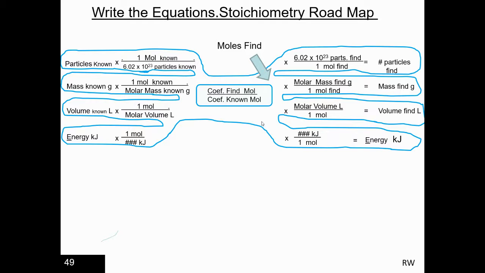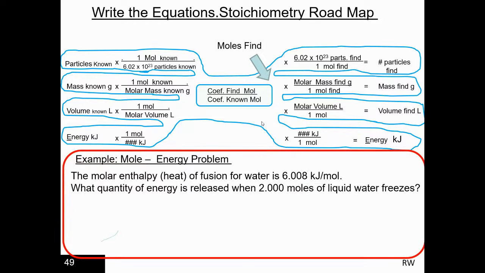All right. Okay, so let's do an example with energy. The molar enthalpy, or the heat of fusion for water, is 6.009 kilojoules per mole. What quantity of energy is released when 2 moles of liquid water freezes? So now we're looking for kilojoules, given 2 moles of water as our starting data. So your conversion factor is going to have the kilojoules up top and the moles down the bottom.